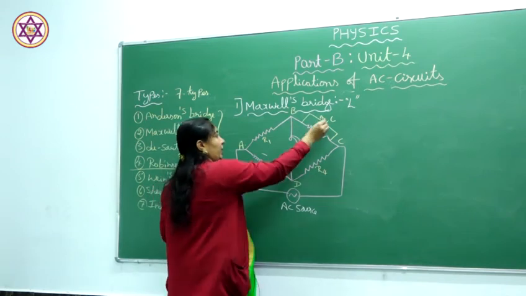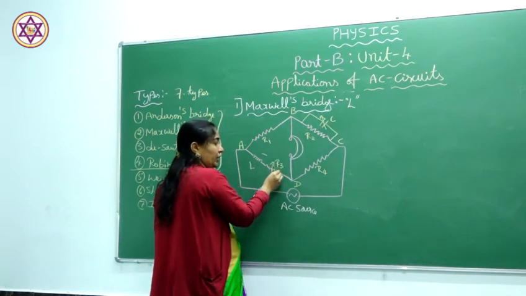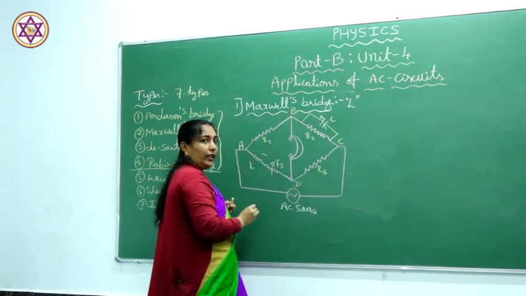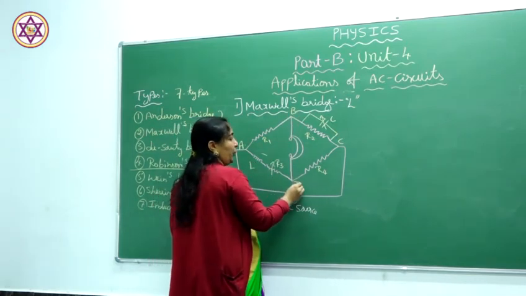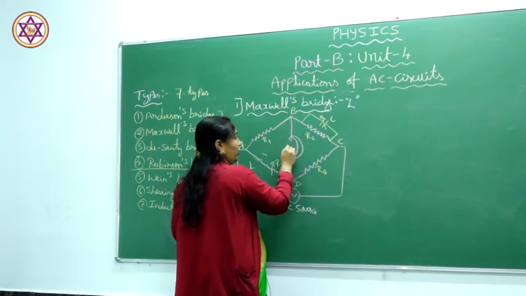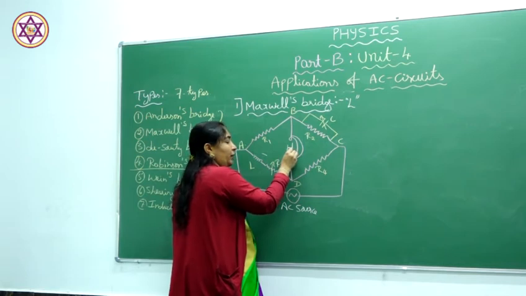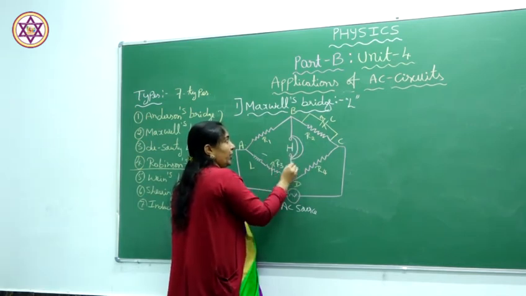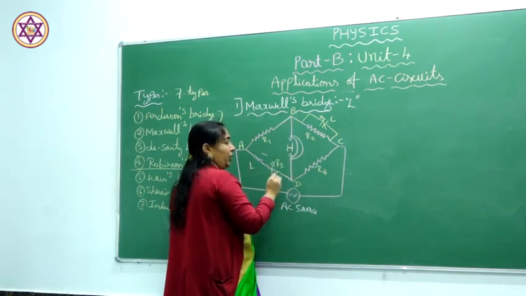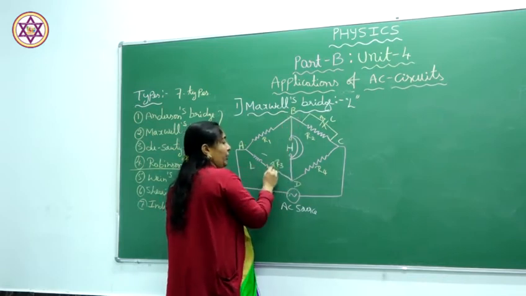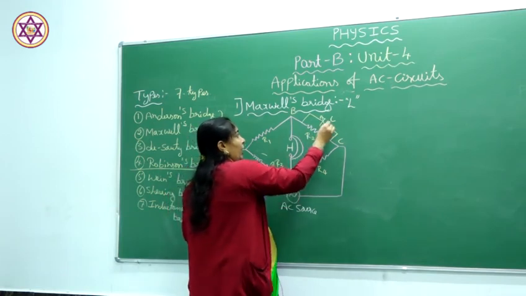That means it is indicated by minimum sound in the headphone. When the sound in the headphone becomes minimum, the potential at B and D will be equal.